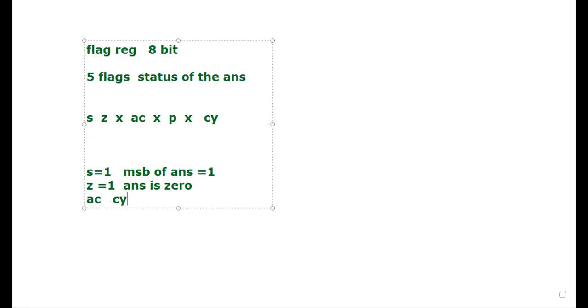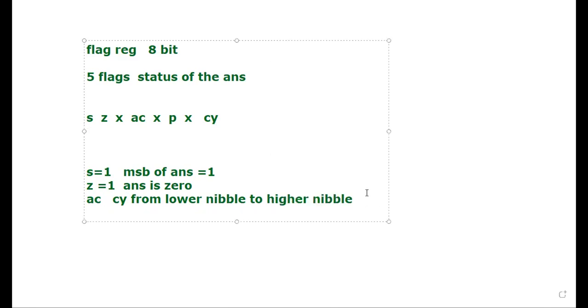Auxiliary carry: if there is a carry from the lower nibble, meaning the lower 4 bits, nibble means 4 bits, to the higher nibble, then the auxiliary carry is 1. So auxiliary carry is 1 whenever there is a carry from the lower nibble to the higher nibble.